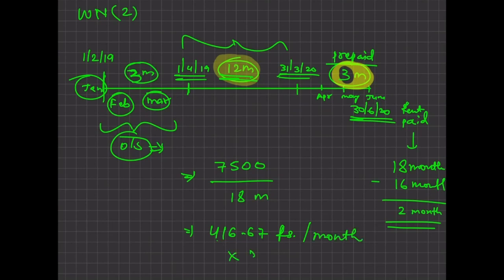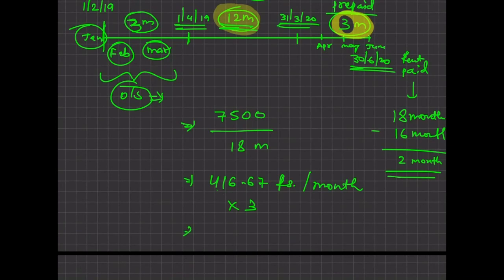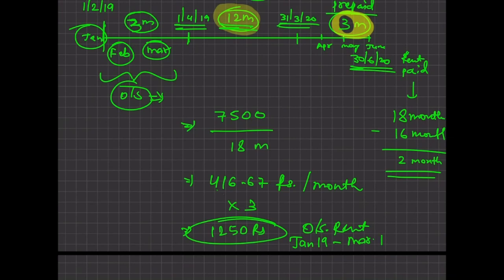And if I multiply it by 3, because there were 3 months rent outstanding, it will come to 1,250 rupees. So this was outstanding rent from January 2019 to March 2019. This was the liability which we have paid in the next year.